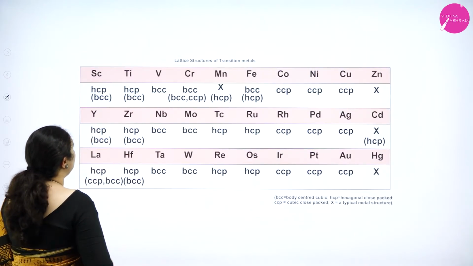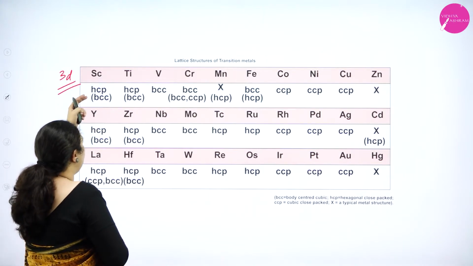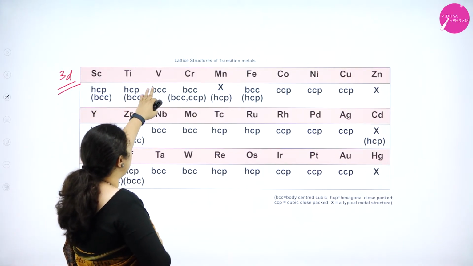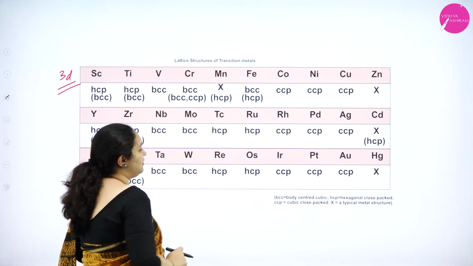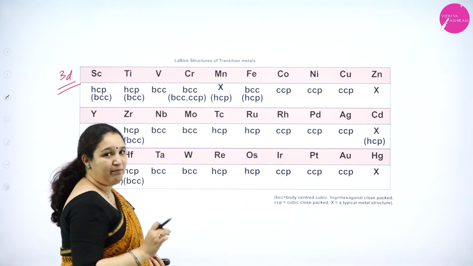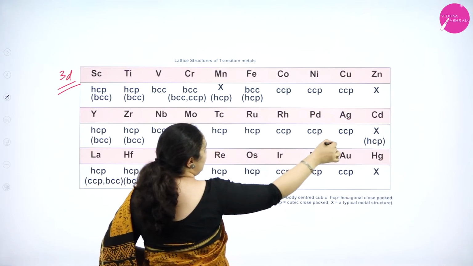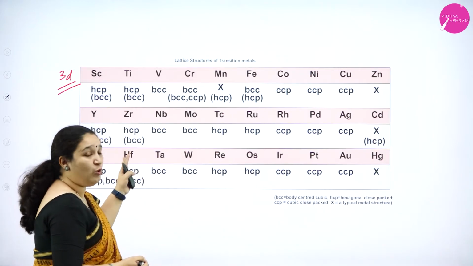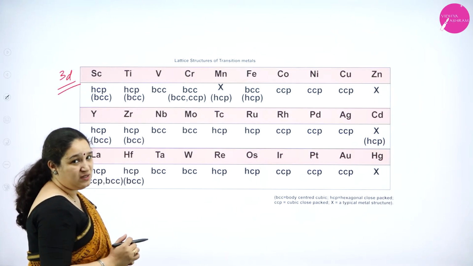If you see the 3D transition series, the first series, scandium has got HCP and BCC, titanium HCP and BCC. Similarly, vanadium BCC, chromium BCC. Here X is written. X means a typical metallic structure it has got, other than these. So here you can see different types are there, and there is no particular trend which is being followed by a particular series.